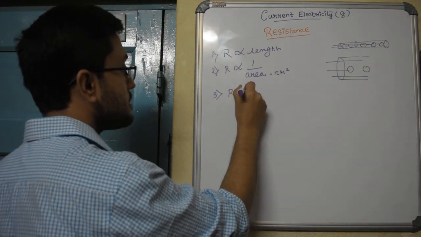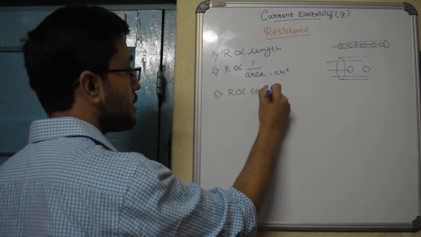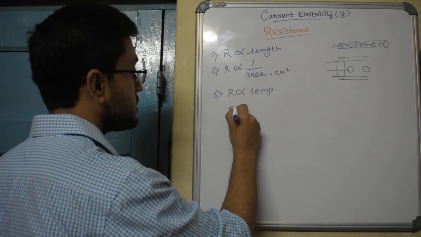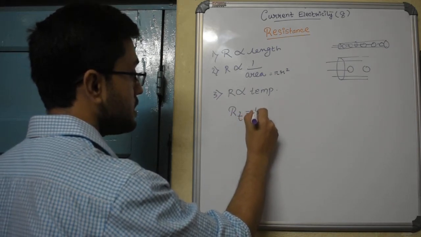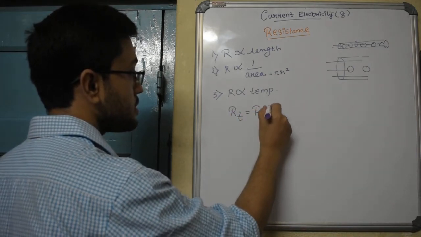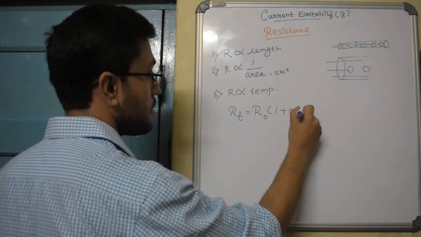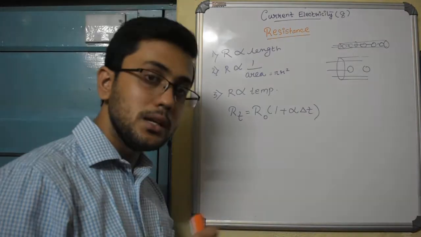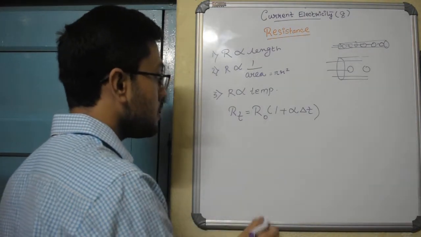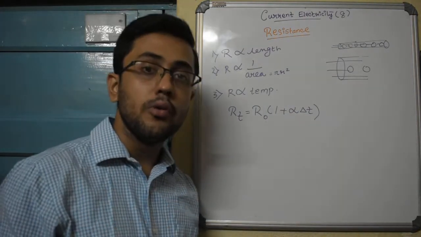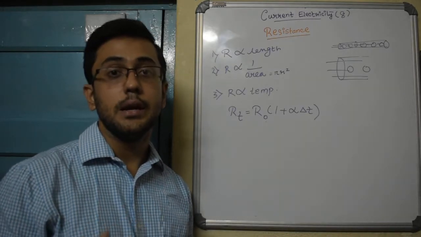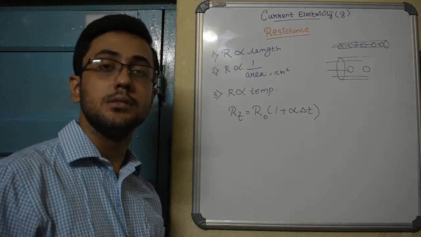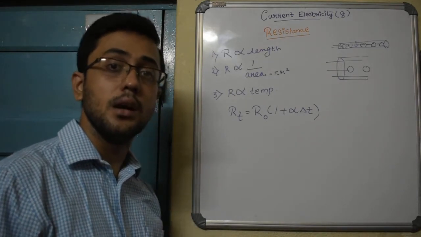Third, resistance is directly proportional to the temperature of the conductor. In this case, it has a specific formula. The resistance of a conductor at a temperature T is the resistance at temperature 0 multiplied by 1 plus alpha into delta T, where delta T is the change in temperature, that is T minus 0, and alpha is the temperature coefficient of resistance, that is how much the resistance increases for every unit increase in the temperature.